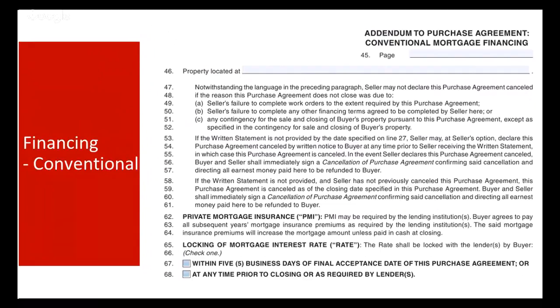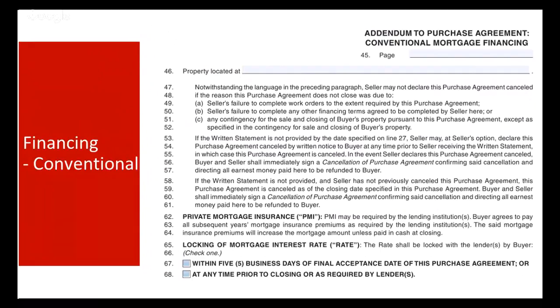If the written statement is not provided, this is also important. If the written statement is not provided by the date specified on line 27, the seller may, at the seller's option, declare this purchase agreement canceled. In which case the buyer is notified and they will both sign a cancellation. In the event the seller declares this purchase agreement canceled, they'll sign it and all earnest money will be refunded to the buyer.